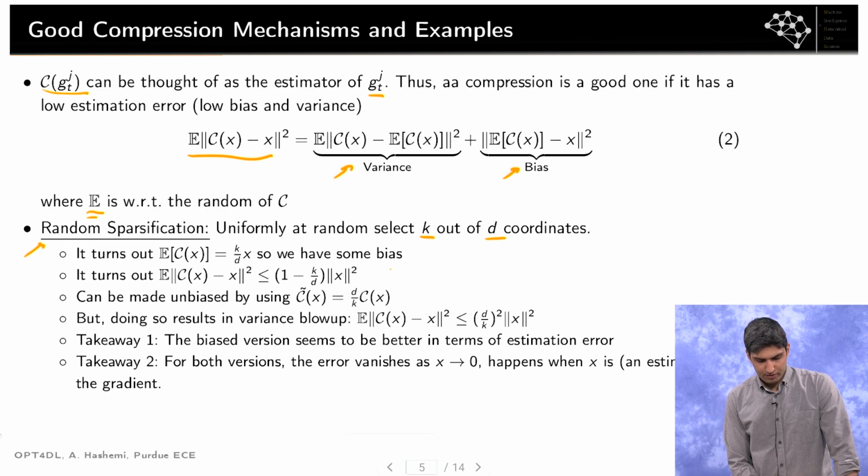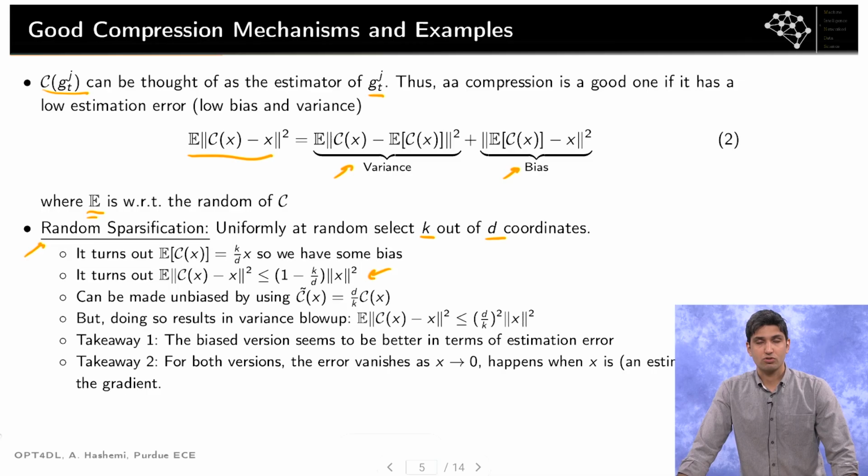Now, it also turns out that the total estimation error or total compression error will be bounded by this expression. So basically, the bound has a factor of 1 minus K over D, and also another factor that depends on the norm of the quantity that we are compressing. I'm going to talk about this in a moment.